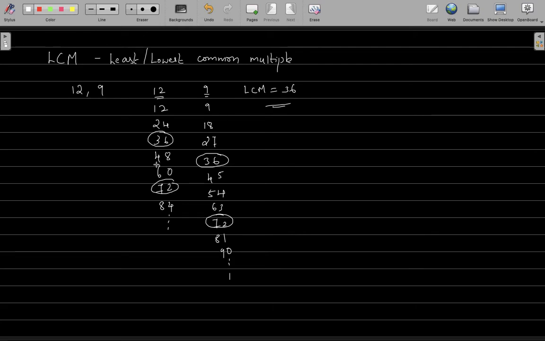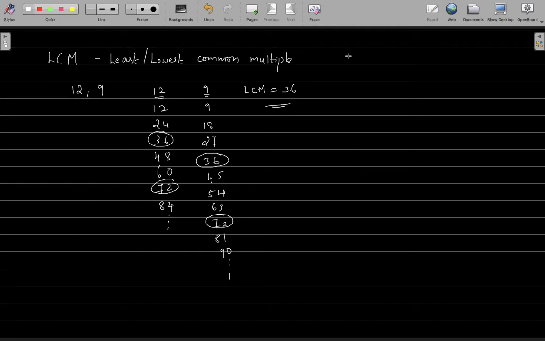Now, to find out the least common multiple, is this the only procedure that we have? No, we have well defined mathematical procedures to find out what is LCM or least common multiple among the two numbers. Let us see how.